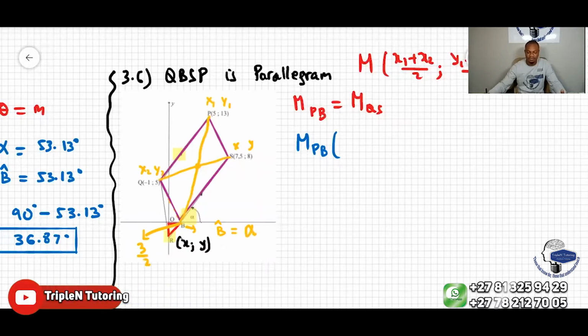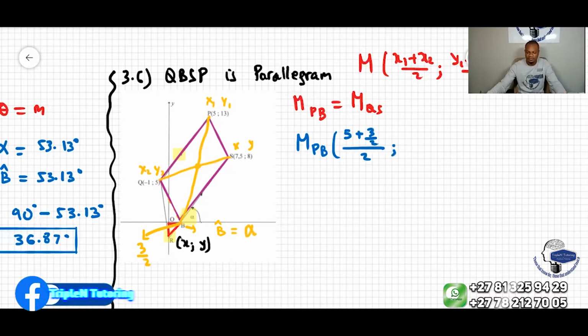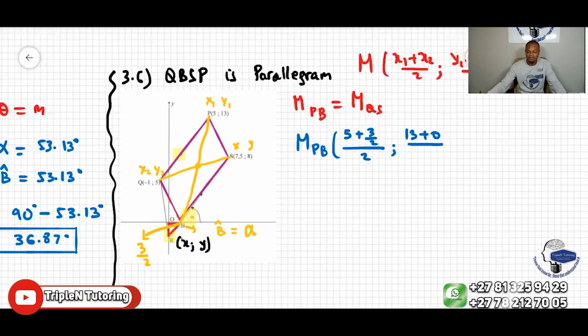Now when I sub in, I do 5 plus 3 over 2, all over 2, and then the y coordinate will be 13 plus 0 over 2, because it is the x-intercept.